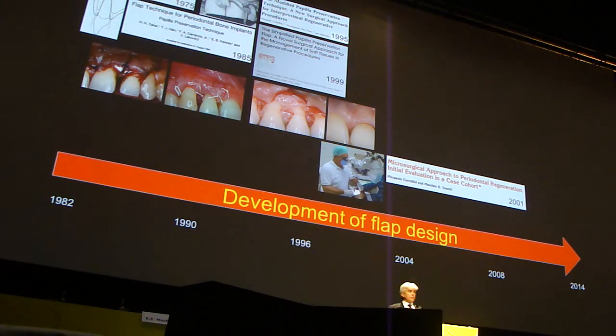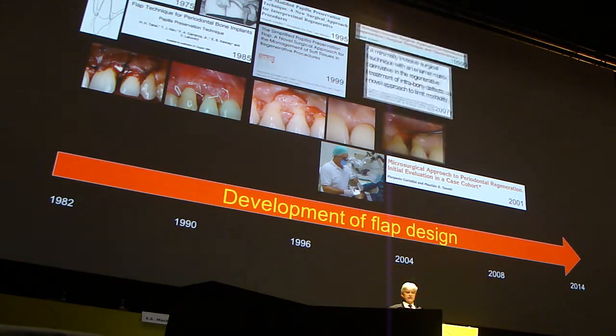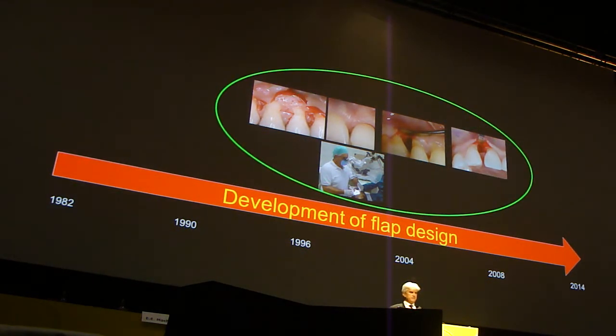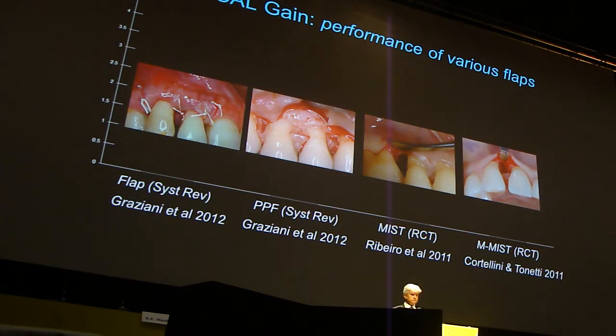Then we thought, why don't we do it in a better way by using an operating microscope and a microsurgical mentality? And following that, we came into what we call minimally invasive surgery. I believe today we are left with the papilla preservation flaps and minimally invasive surgery to play with periodontal regeneration.